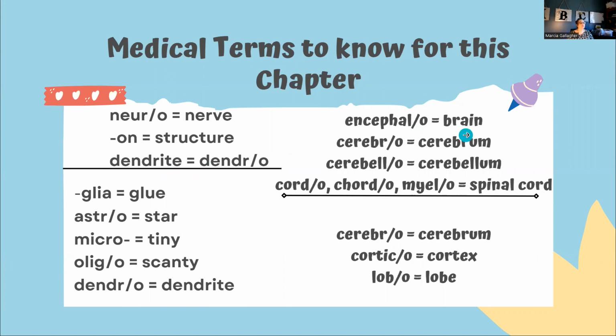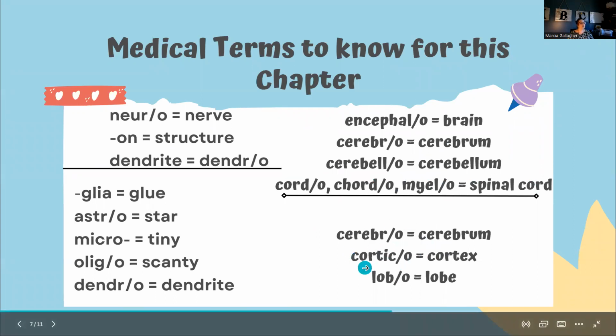Cerebro is the cerebrum. Cerebello is the cerebellum. Boy, that's a word, cerebellum. Cordo, myelo is all spinal cord. Cerebro is the cerebrum. Again, some of these are repetitive. Cortico is the cortex, and lobo is the lobe. These are all root words.